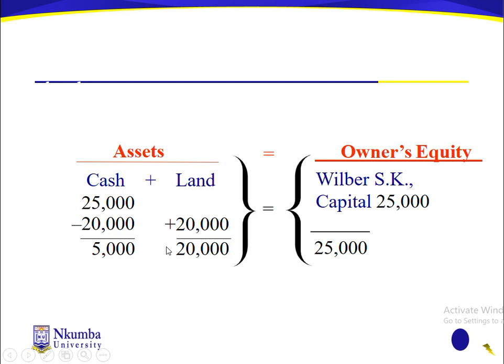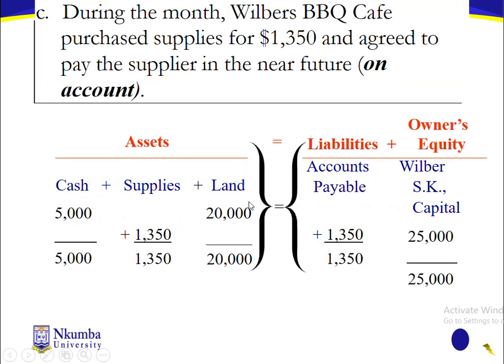So now you could see, we can also look at another scenario. During the month, Wilber's Barbecue purchased supplies for $1,350. So during that month, you see that in the accounts of Wilber's Barbecue, there is only $5,000 remaining.